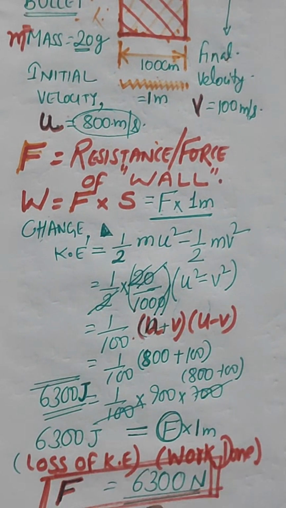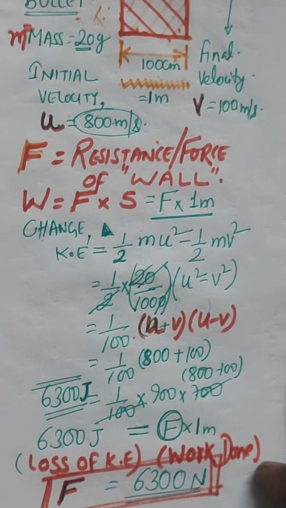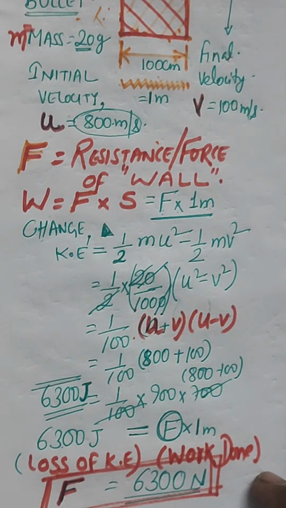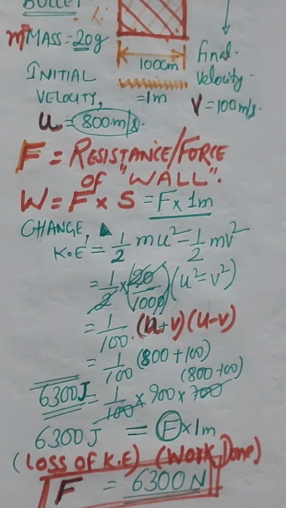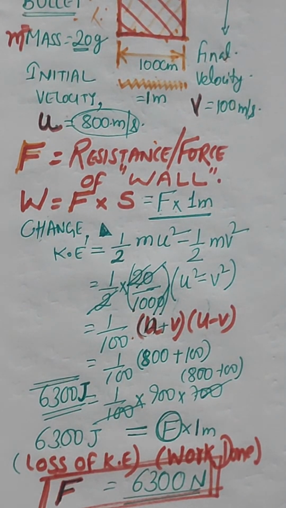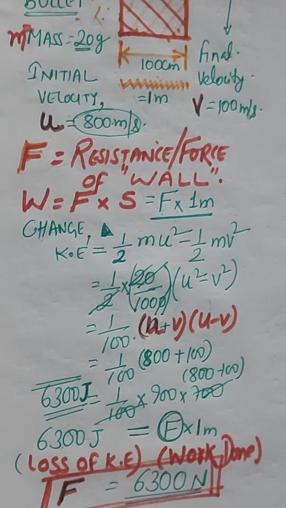So we can see some similar questions. Suppose another question, a separate one: calculate the potential energy acquired by a 10 kg hammer when it is raised to a height of 10 meter.